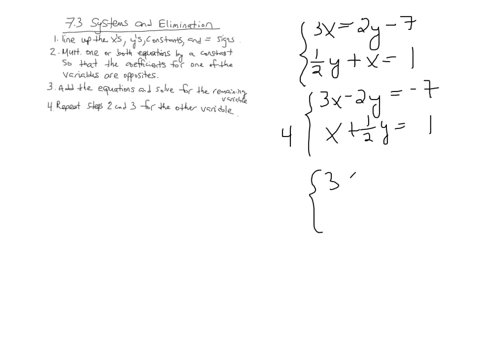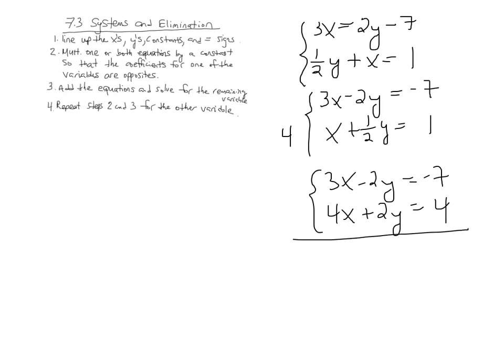Top equation, I'm going to leave alone. 3x minus 2y equals negative 7. Bottom equation becomes 4x, remember 4 times 1/2 is 2, plus 2y equals 4, and when I add the equations, I get 7x, the y's are gone, I bring down my equal sign, and I get negative 3, so x is equal to negative 3 over 7.